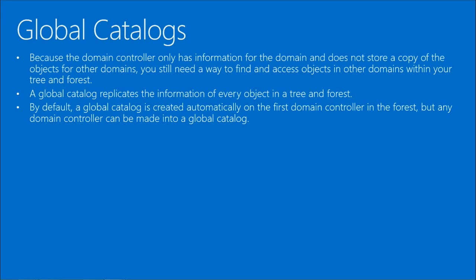A global catalog represents the information of every object in the tree and forest. And I will say, as a caveat to that, it's a subset of the attributes of those objects. Not the entire tree. A global catalog is not compiling one massive copy of all of your domain information. It's keeping a subset. It's kind of a lightweight reference point to objects in other domains in a forest.